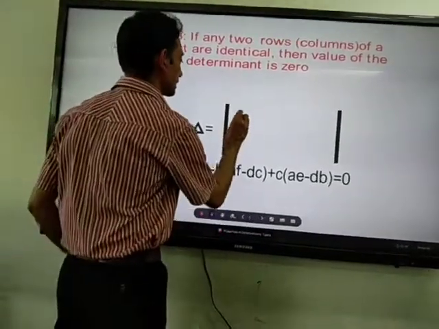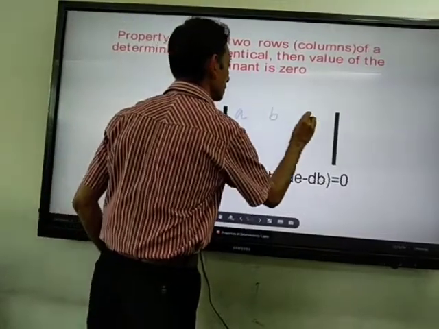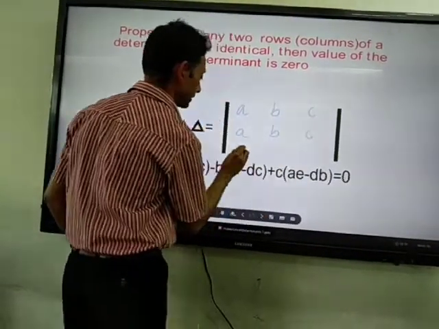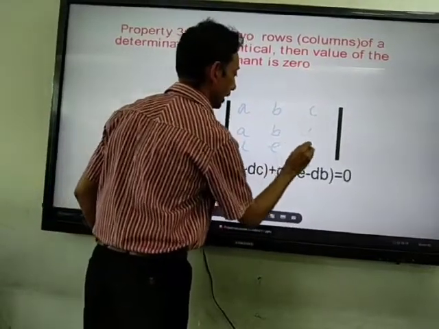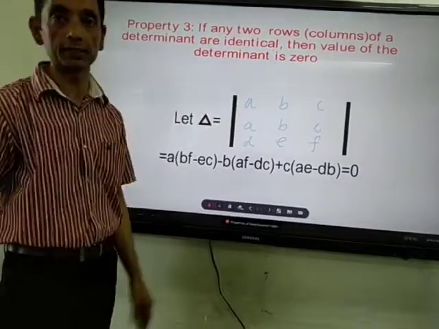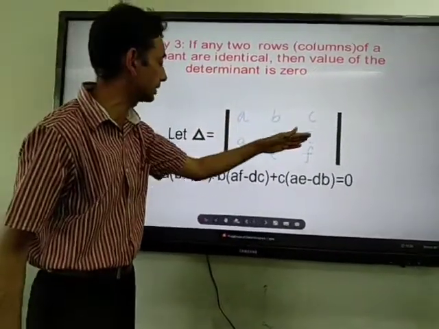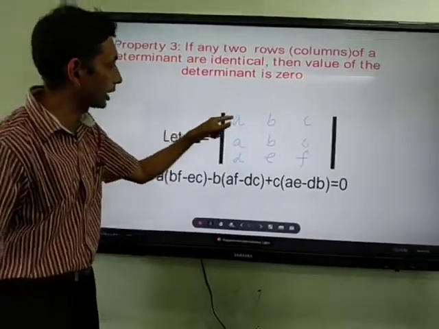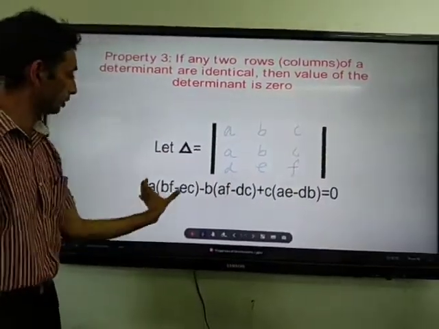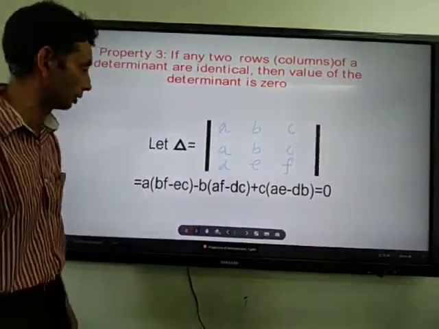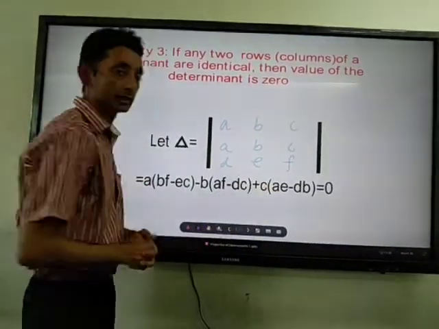Say this row is A, B, C, and this row is A, B, C, and this is D, E, F. The first two rows are the same, that is ABC, and the third row is DEF. Now if we evaluate this along the first row, we will get this expression.